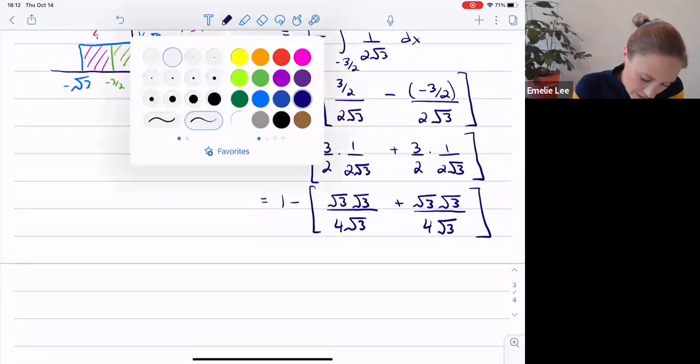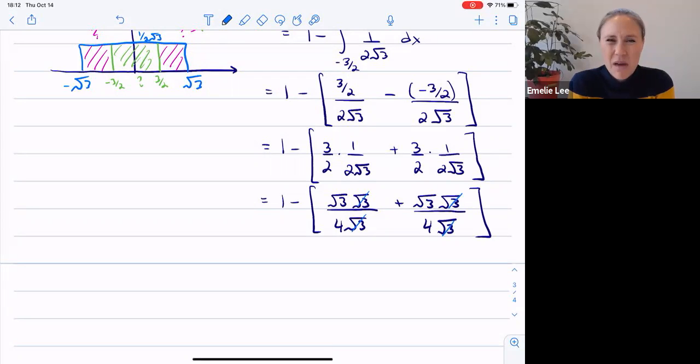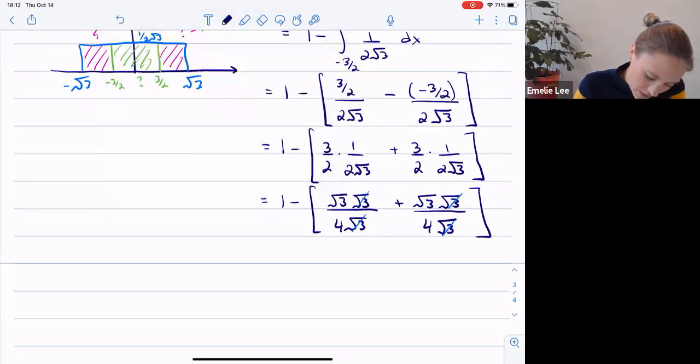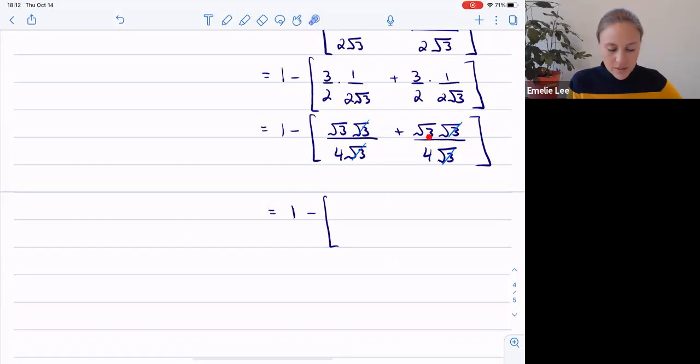So now I'm ready to cancel these root 3s because, oh, maybe I should be consistent in which ones I cancel. It doesn't matter. Right, but now I have root 3 over 4. So what next? Now I'm going to put this on the next page here. So this becomes 1 minus root 3 plus root 3 both over 4.